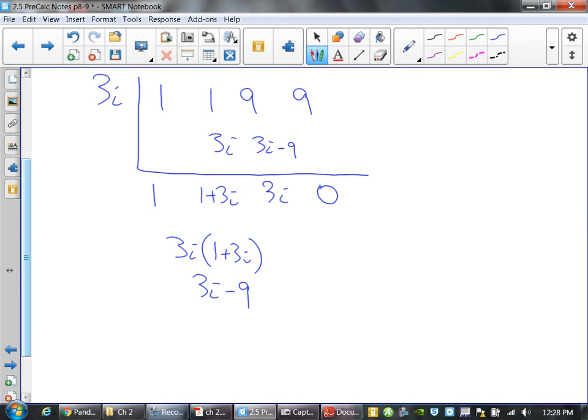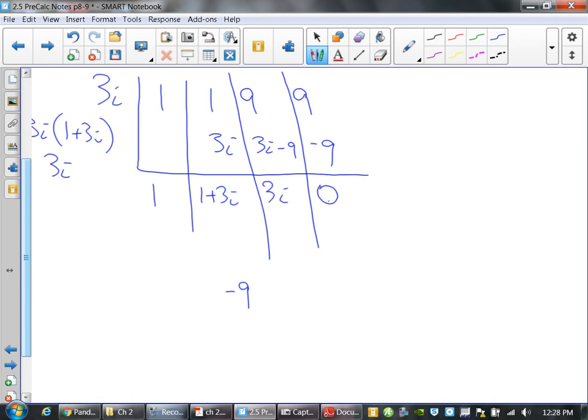And then you're left with 3i times 3i, which is 9i squared, which is negative 9. And lo and behold, notice all of these things add themselves through. You get 0. So now you've factored out the 3i. You can do the same thing now. Move these two out of the way. You can do the exact same thing here with the negative 3i with the leftovers.